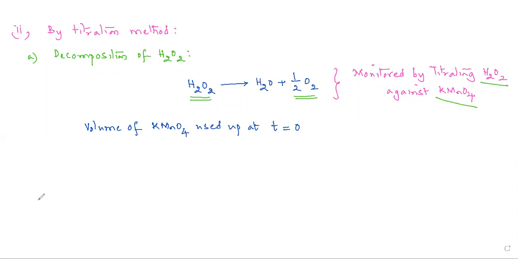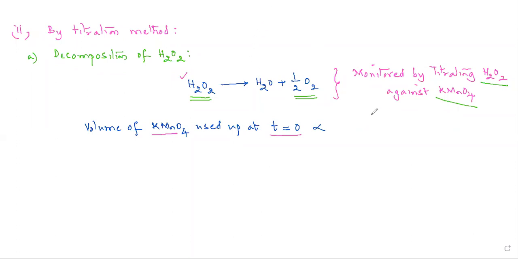That means when we are just about to start the reaction, can this be given as V0? Because whatever KMnO4 we are using at time t is equal to 0 will give us information about the volume of hydrogen peroxide that we have started with. Because I said that the KMnO4 is no doubt going to react with hydrogen peroxide.